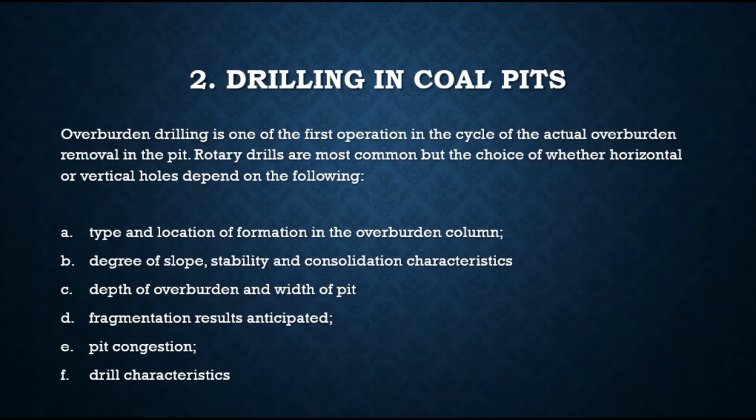So, rotary drills are most common, but the choice of whether horizontal or vertical holes will depend sa following. Type ng location ng formation ng overburden, then degree ng slope, depth ng overburden, and width ng pit, fragmentation results, anticipated pit congestion, then drill characteristics. So, isa yan sa mga tinitingnan.